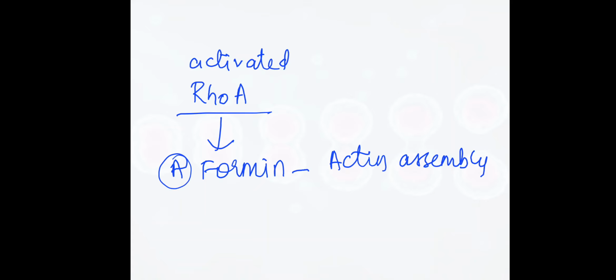What happens if formin is activated? It will lead to assembly of actin filament. I'll write it as actin assembly. The activated formin promotes actin filament assembly. The myosin 2 assembly and contraction require another protein kinase. So RhoA activates formin, followed by actin assembly.